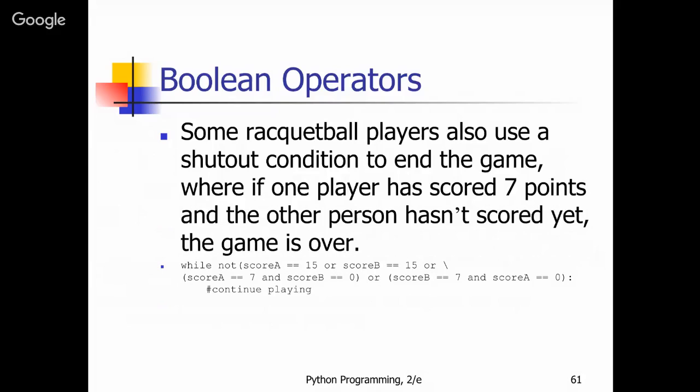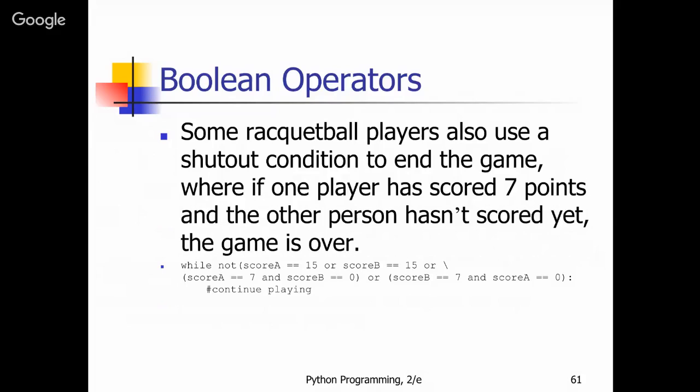So this is a typo, by the way. What this would cause us to do is to write an even more compound logical expression, ignoring the slash there. We can say while the scores are not 15 for either player, in parentheses, or score A is equal to 7 and score B is equal to 0, or score B equals 7 and score A is equal to 0.